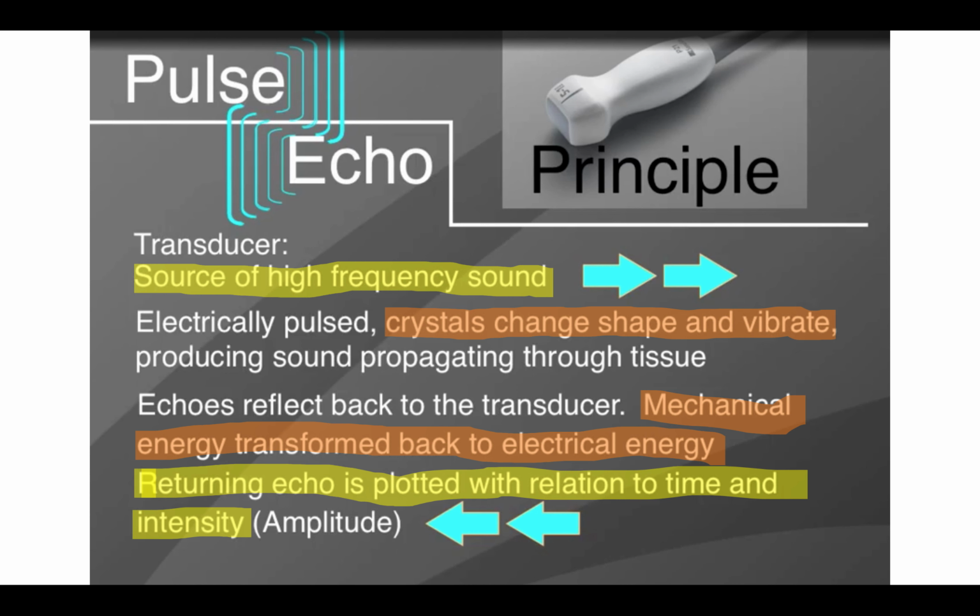Then the echoes that are reflected back get to the transducer, and mechanical energy is transformed back to electrical energy. Then, with complicated software, the computer plots those returning echoes and creates a picture based on time and intensity of those echoes.